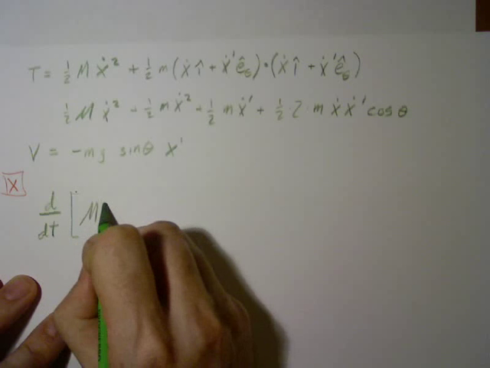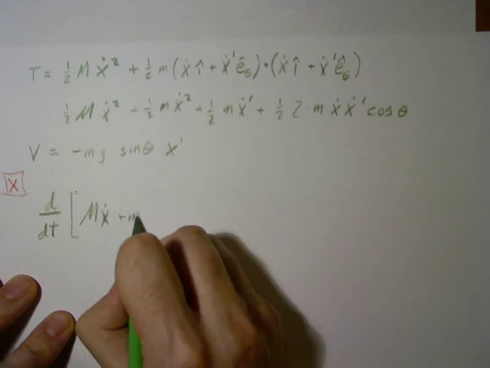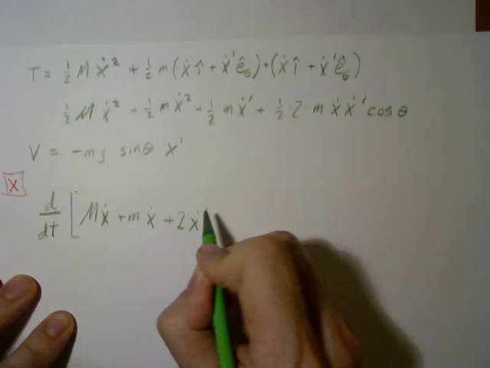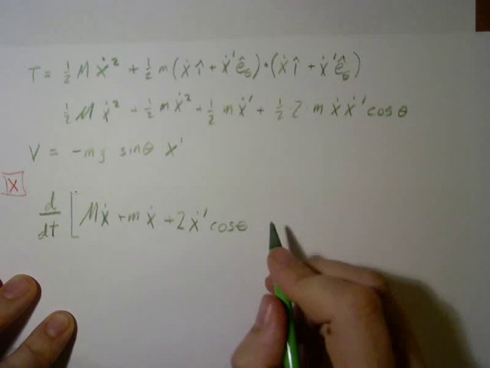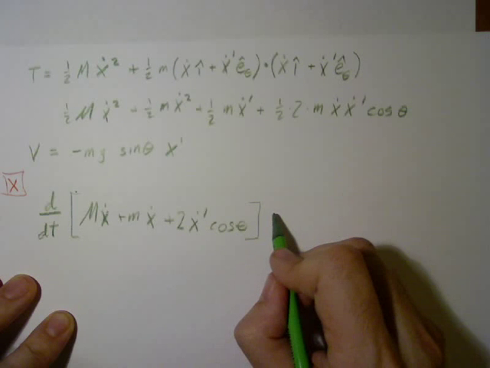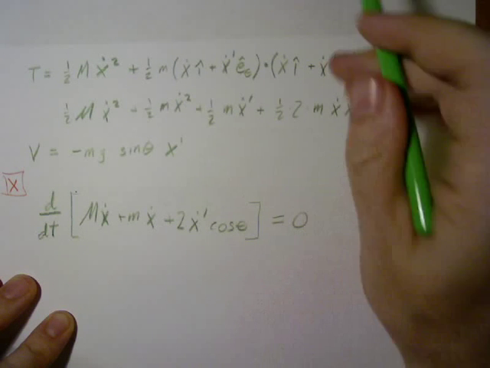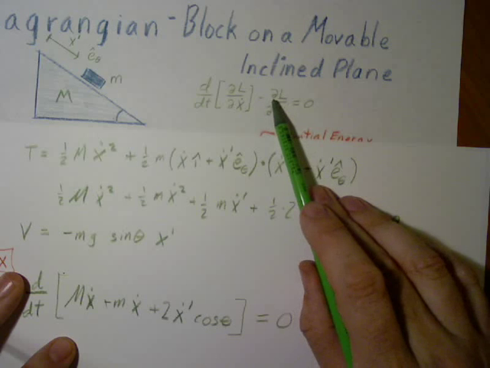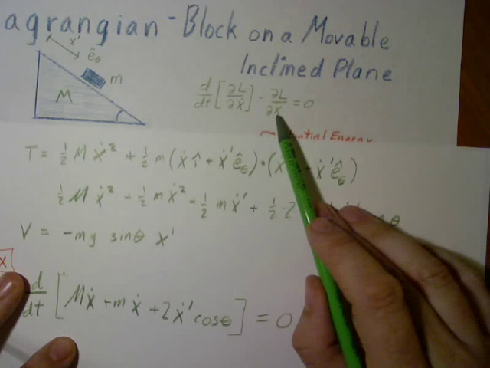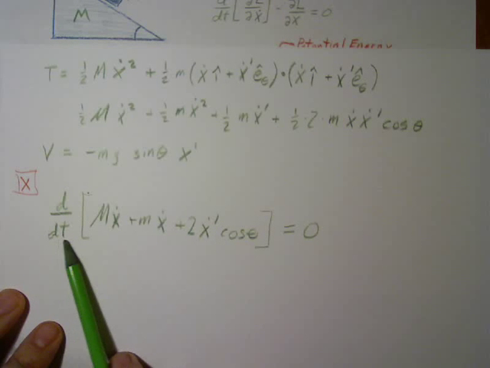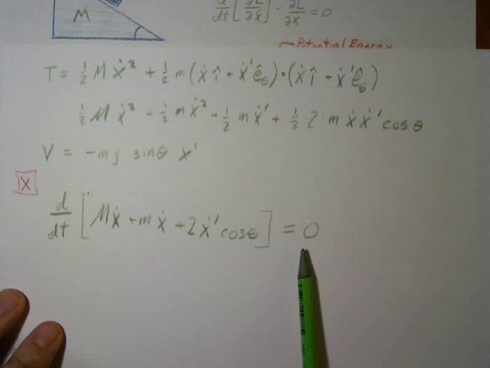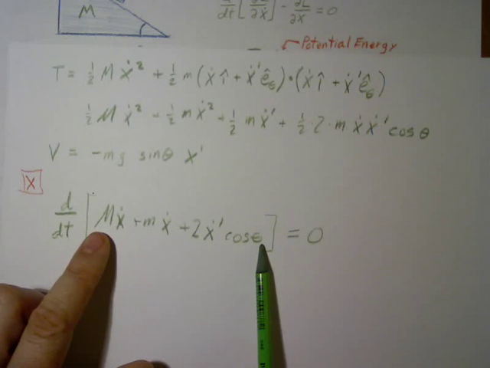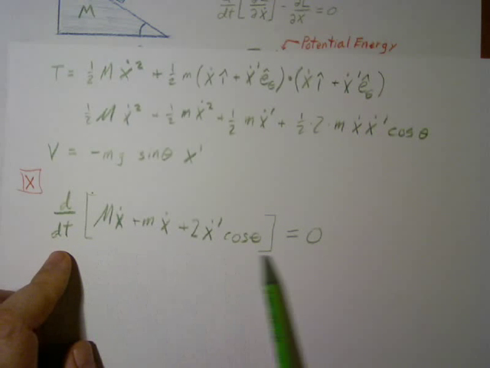The partial makes it easy because we don't have to worry about the other variables. We just ignore them. And since there is no x in the equation, the partial derivative with regards to x gives us 0. So we're left with the time derivative of this quantity equals 0, meaning this does not change in time. No matter what it is, it doesn't change. So the time derivative of it is 0.